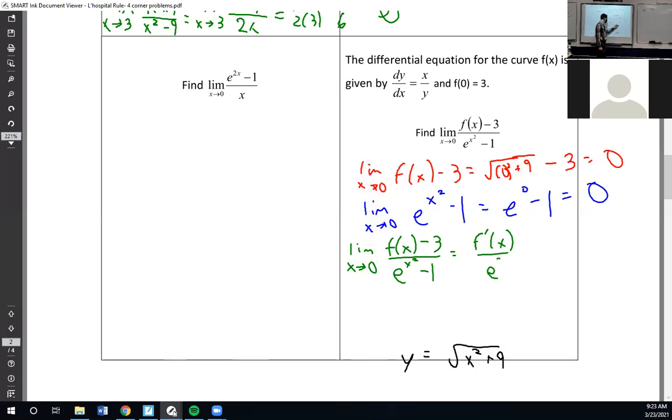Derivative of e to the x squared is e to the x squared. But then we need a chain rule. Times derivative of the inside part. Derivative of x squared is 2x. Right, the function's inside of another function because we have that x squared up in the exponent. So now, what is f prime of x? Sorry, limit.